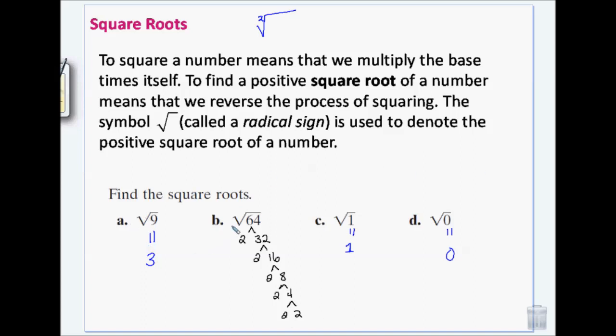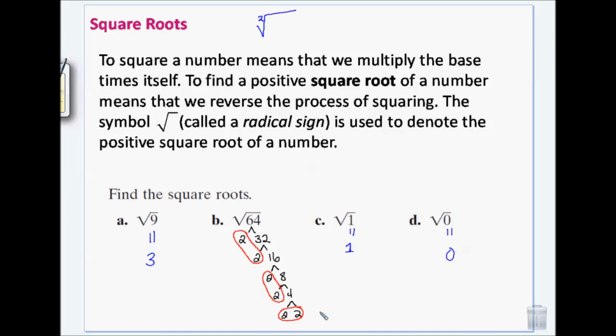Well, every pair of matching numbers is a square, right? Because a square is a number times itself. So every pair you have that matches, you're going to circle them. So I have 3 sets of 2s.